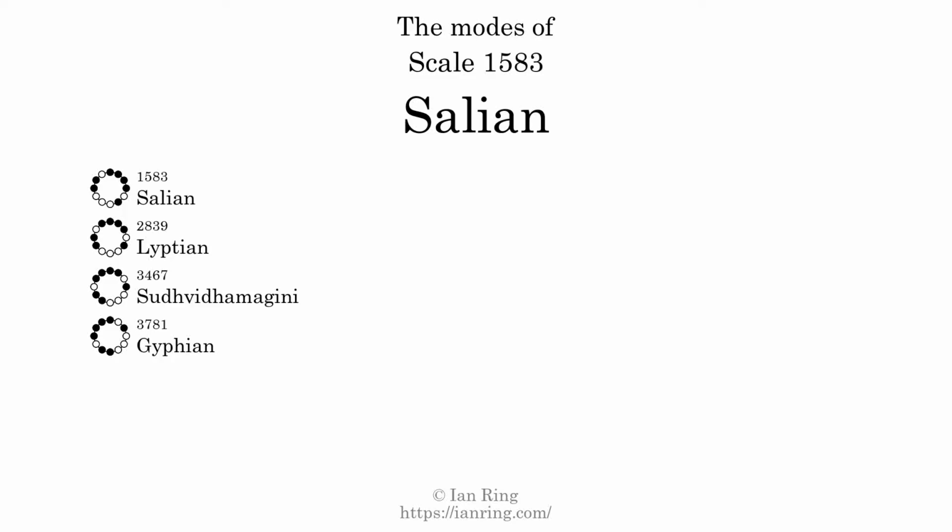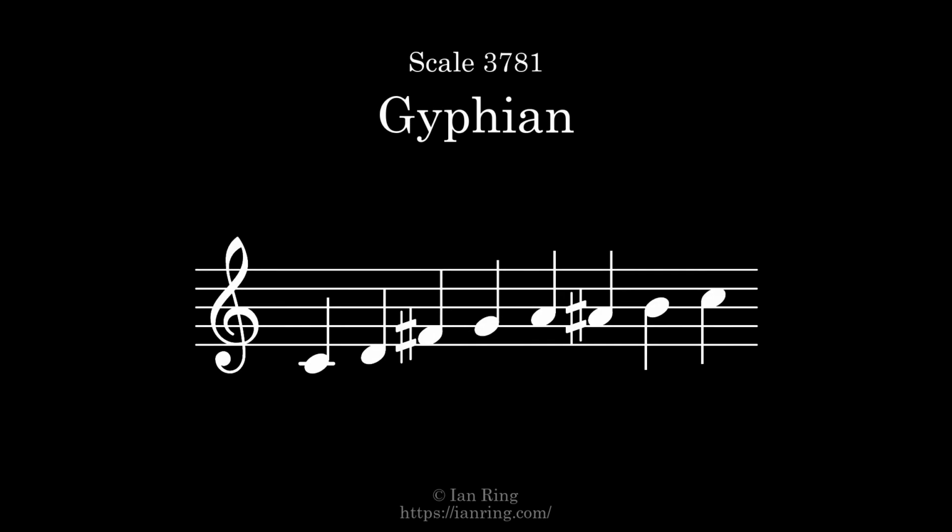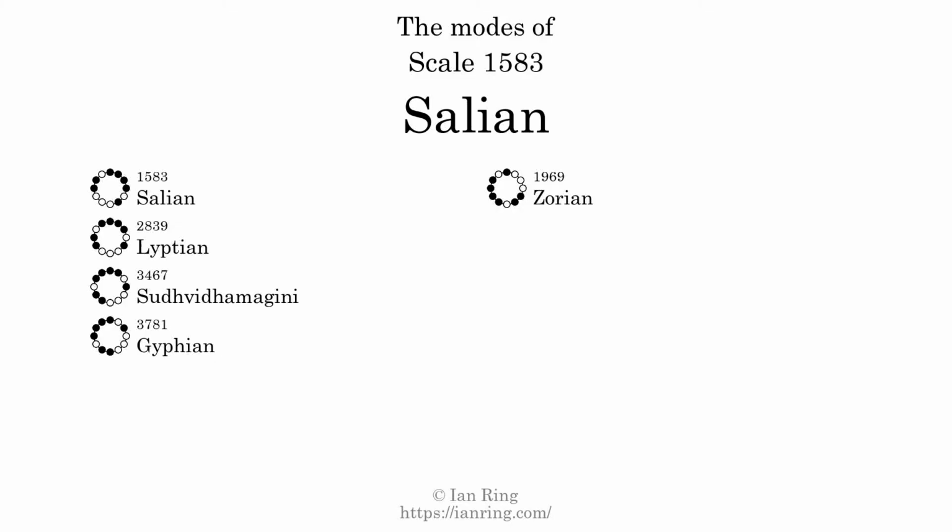The fourth mode is scale 3781, also known as Jiffian. It sounds like this. The fifth mode is scale 1969, also known as Zorian. It sounds like this.